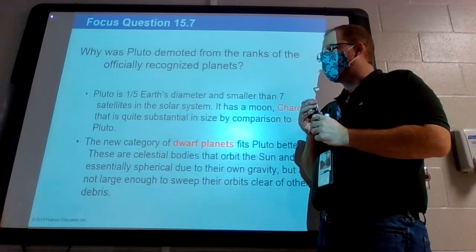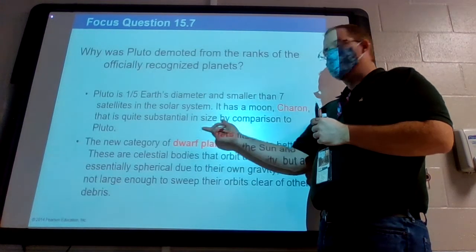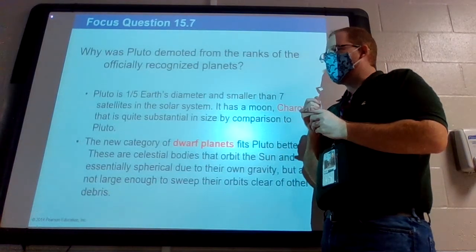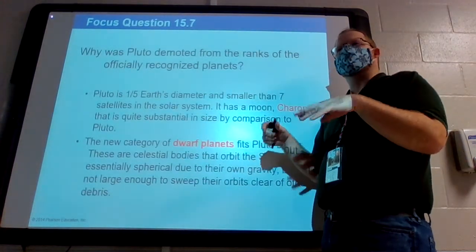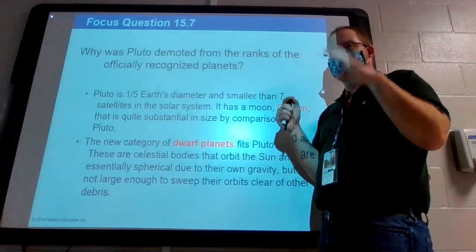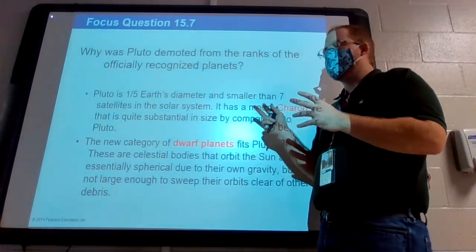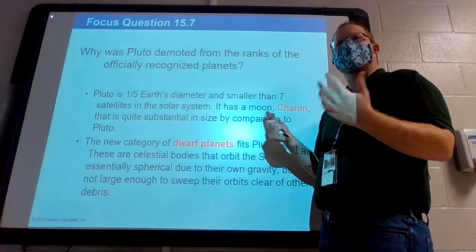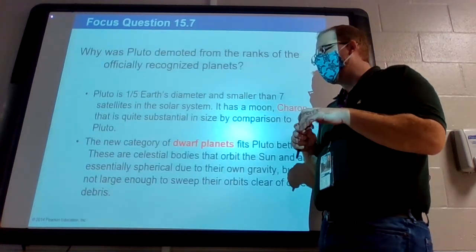But there's lots of different things. They talk about the size comparison. I don't think that's necessarily right. There are things bigger in this solar system that are not planets, but they're clearly not planets. Pluto, regardless of its size, does have a logical argument for it being a planet.